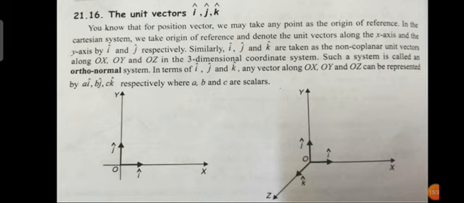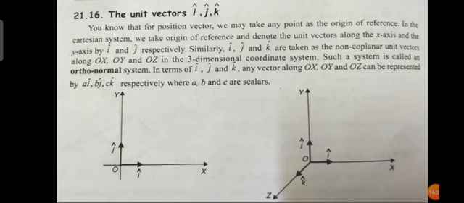Unit vectors are taken with the origin as the center. Position vectors always have the origin as the initial point. So in the Cartesian system also, we take position vectors from the origin, with unit vectors along the x-axis, y-axis and z-axis.